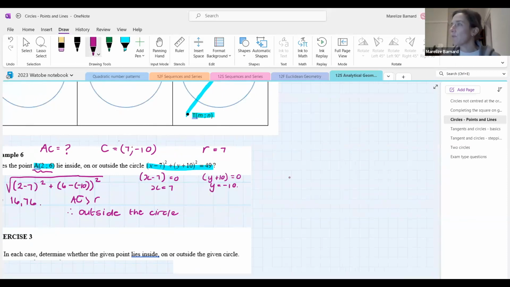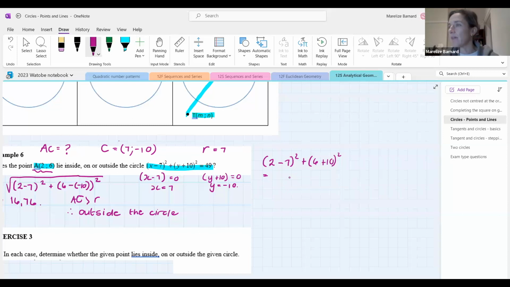Okay, so just briefly what Kagiso said, just in case some of you didn't hear it, what he did was he substituted point A into the equation of the circle. So he got 2 minus 7 squared plus 6 plus 10 squared.